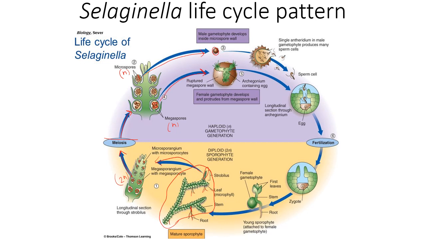So an individual microspore, haploid, is represented here, and an individual megaspore, which is also haploid, is represented here. Inside this you can see the male reproductive structure, and inside this you can see archegonium. This male reproductive structure is individually represented here in the form of antherozoids, and here the female reproductive structure is represented, that is archegonium.